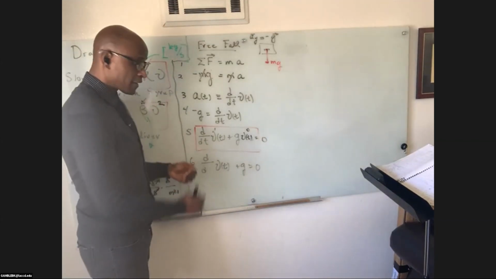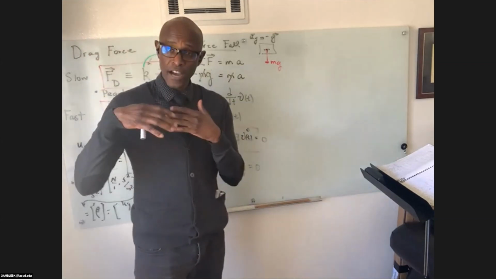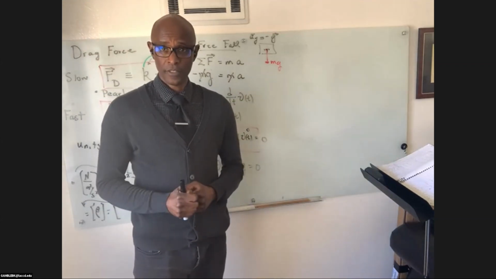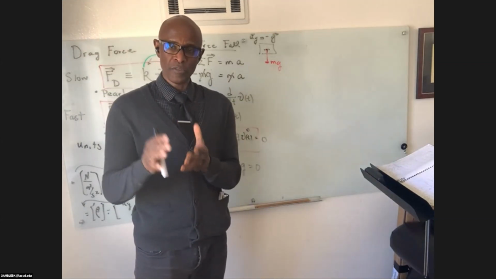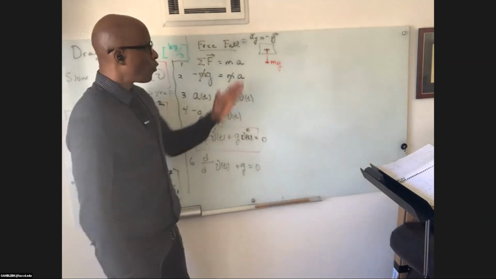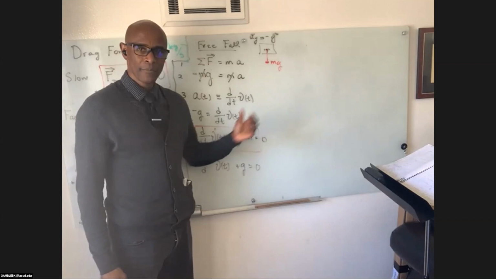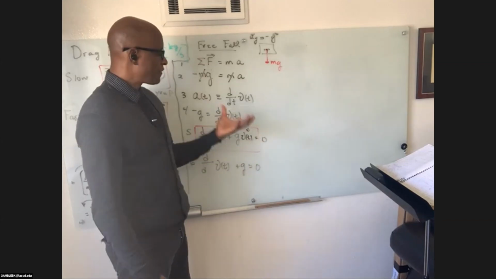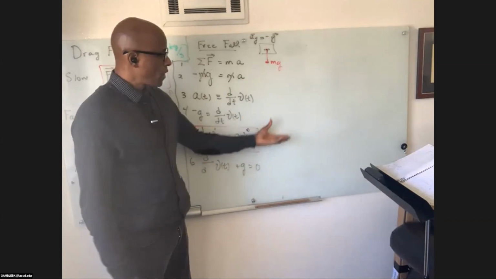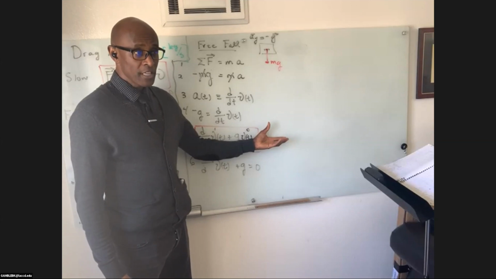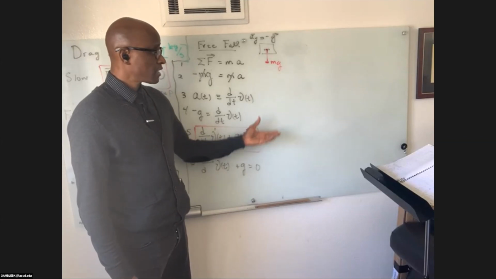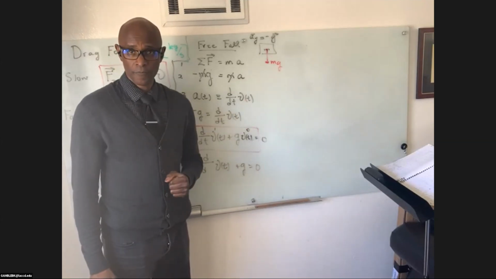Once you have the velocity with respect to time, you can find the position with respect to time. That allows you to predict what that object will do within that system as time progresses. So given the functional forms, you know where it's going to be and when it's going to be at that position at a later point in time.